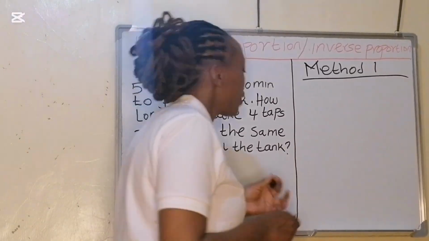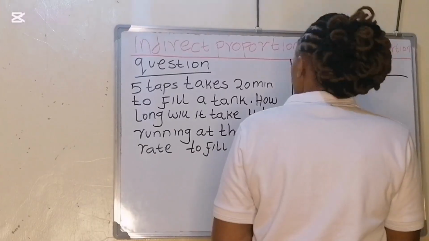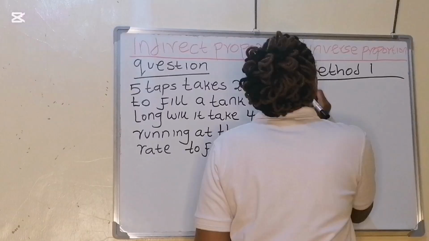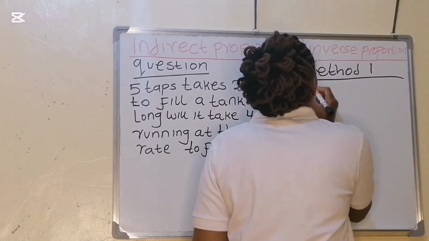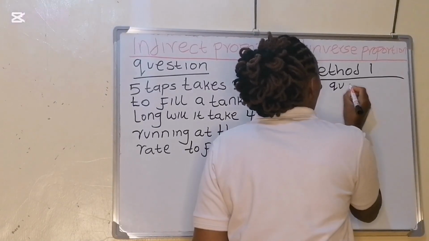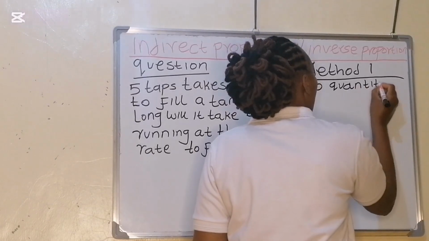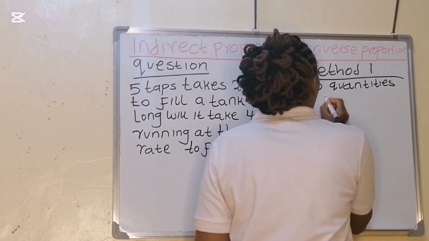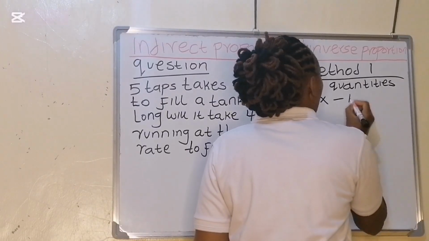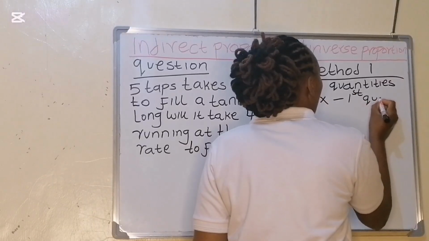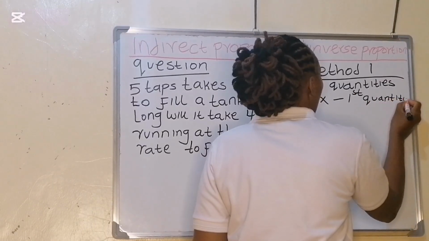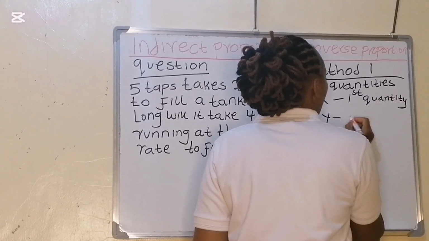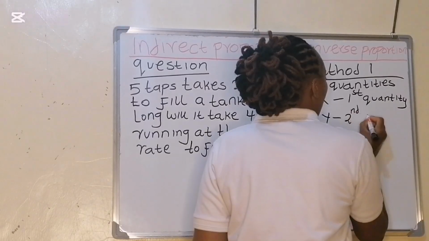And the formula for calculating inverse, also known as indirect proportion, for the ratio, if we have 2 quantities, is like this: if the first quantity is y is to x, the second one is x is to y.